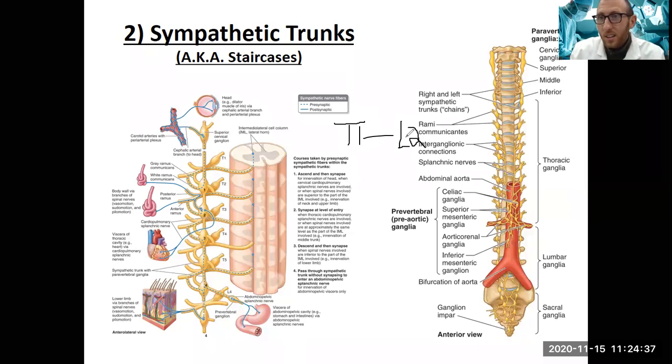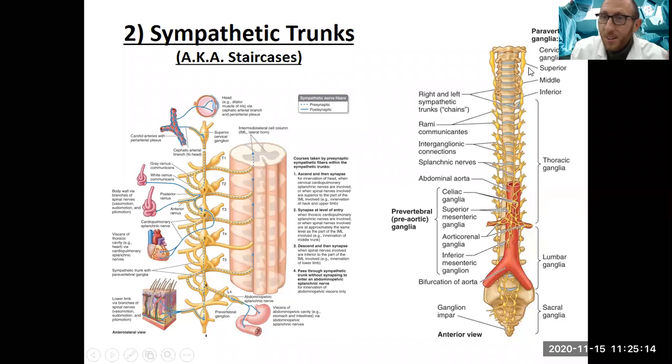And the origin of the sympathetic nervous system are the lateral horns. So only T1 to L2, what we call the thoracolumbar region, has the lateral horns and can produce a signal for the sympathetic nervous system.